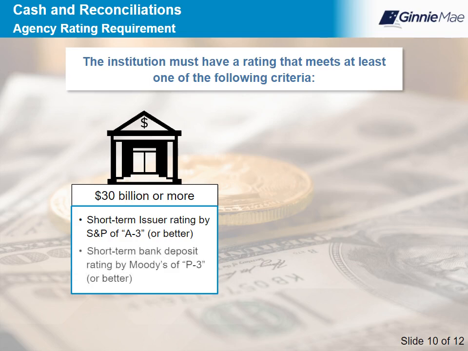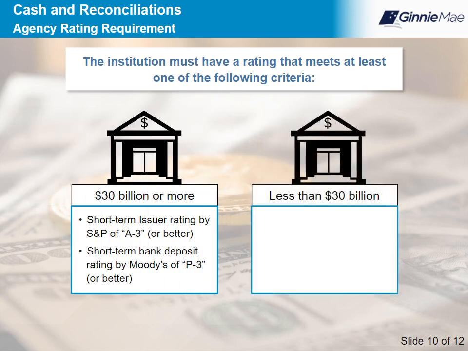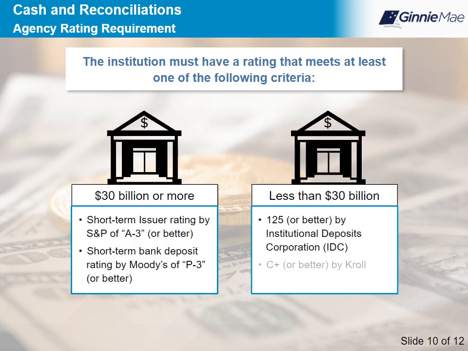A short-term bank deposit rating by Moody's of P3 or better. If not available, then the long-term bank deposit rating must be BAA3 or better. Institutions with assets less than $30 billion must have the following: 125 or better by Institutional Deposits Corporation, IDC, or C+ or better by Kroll.